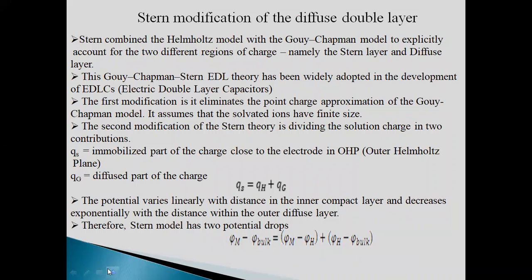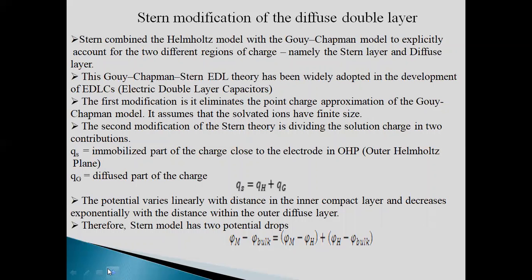So, another model, in order to overcome the shortcomings of both these models, came into existence that is known as the Stern model or stuck layer model. This model combines the Helmholtz and the Gouy-Chapman models both. It takes into account the finite size of the ions.